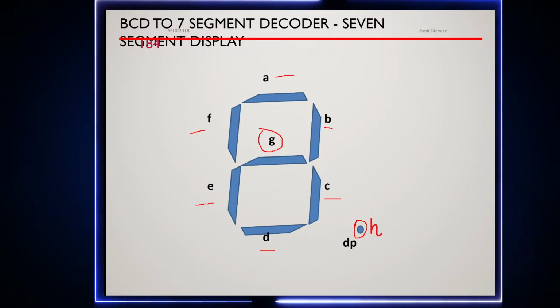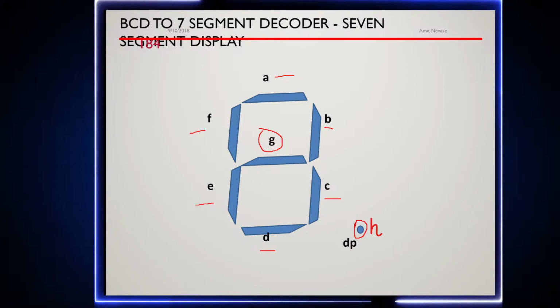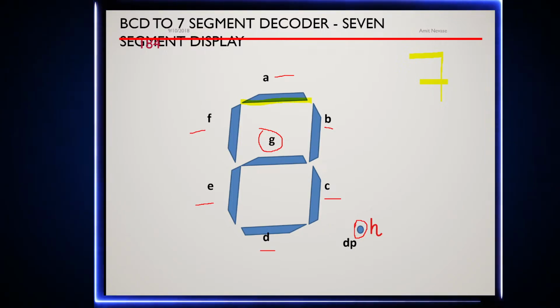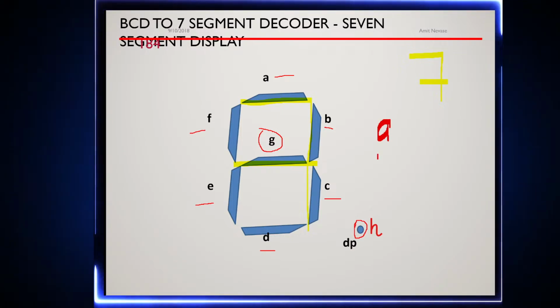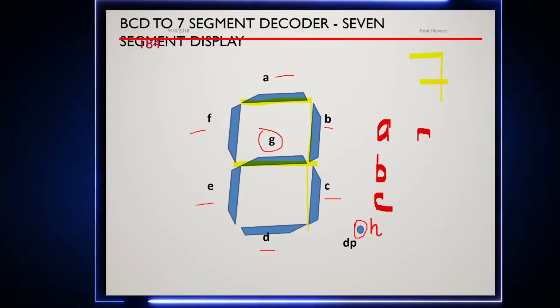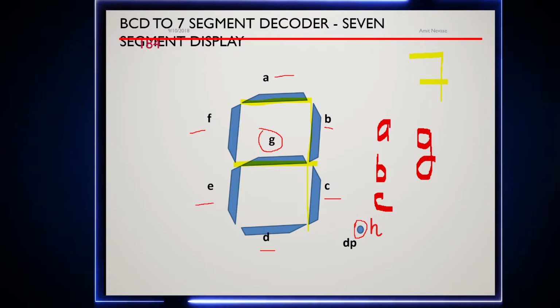Now let's look at this. Whenever we have to code, say for example, the number 7, all these following inputs should be 1. That means in our case, to form the number 7, A, B, C, and G should be on.